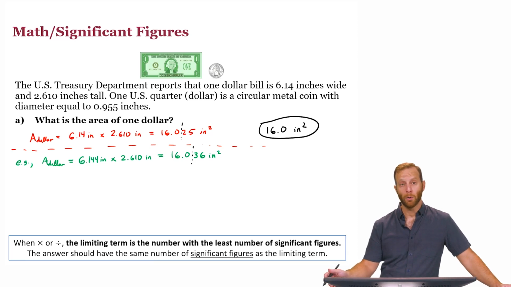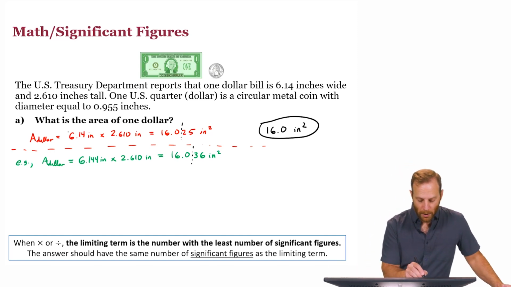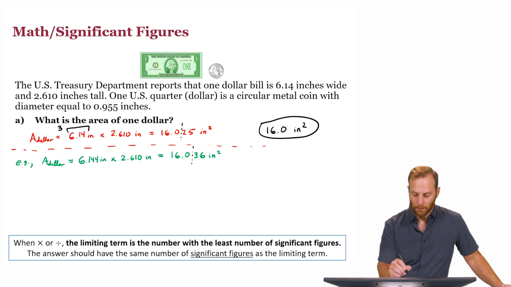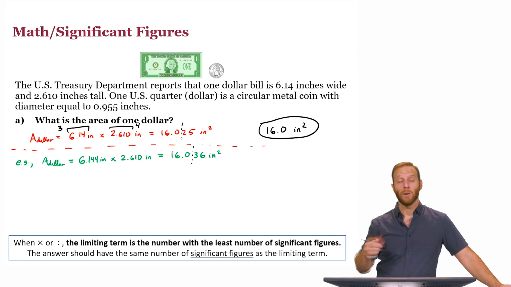Whenever you're multiplying or dividing, the so-called limiting term, the input that is going to limit the amount of digits you can report in your final answer, is the number with the least number of significant figures. Given the problem we're doing here, this has 3 significant figures, whereas this one has 4 significant figures. Therefore, we are limited in our final result to 3 significant figures. The answer should have the same number of sig figs as the limiting term.